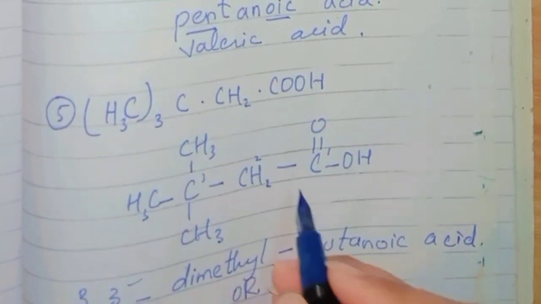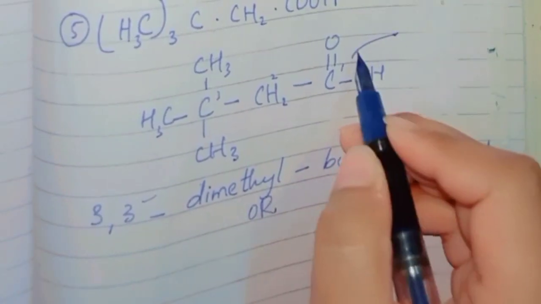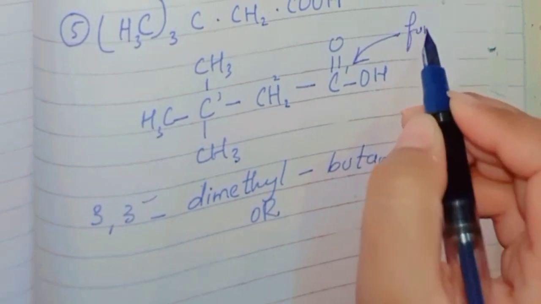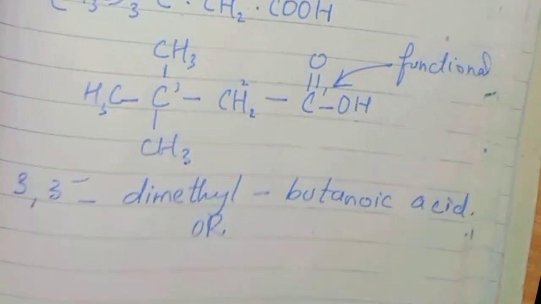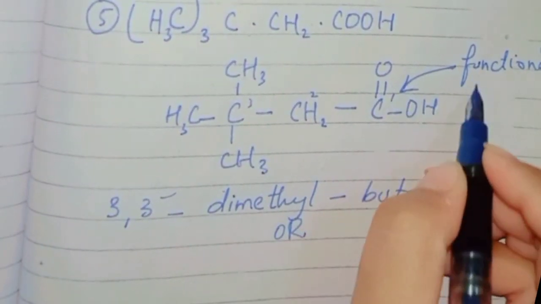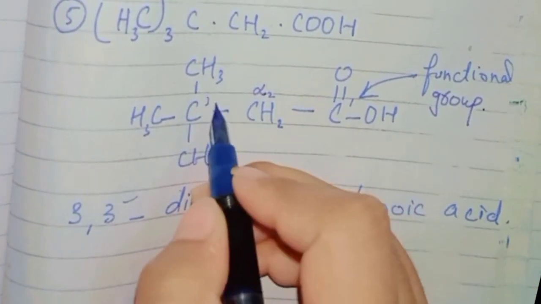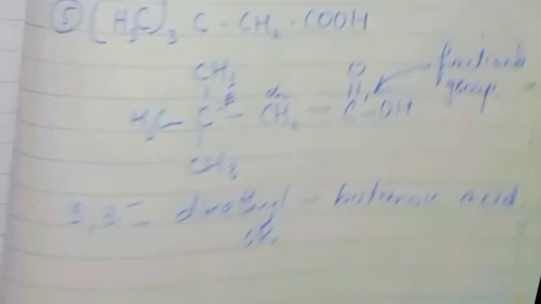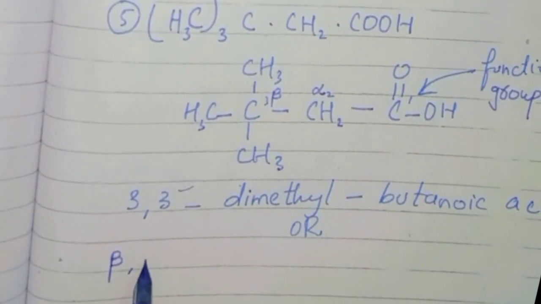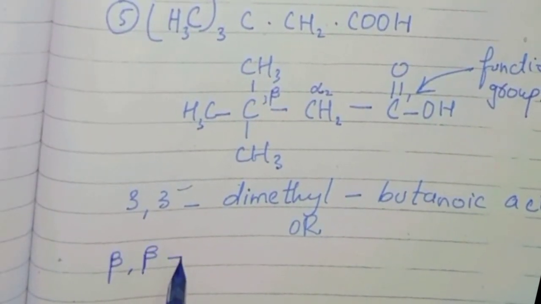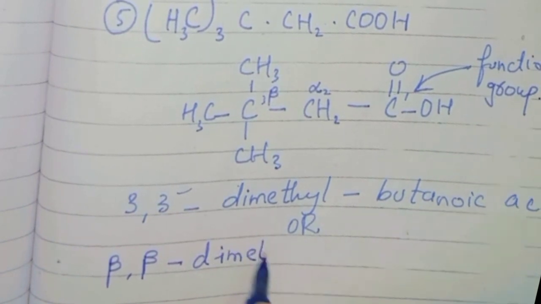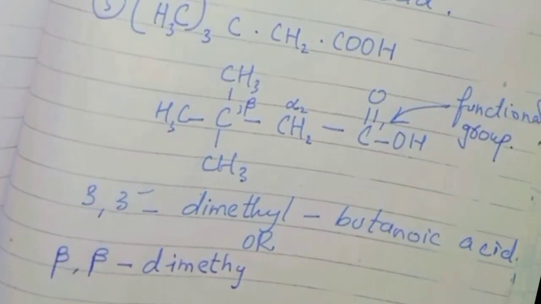The two methyls are present on the third carbon atom, so it will be named 3,3-dimethylbutanoic acid. Because of 4 carbon atoms, the other name of this example is beta,beta-dimethyl butyric acid.